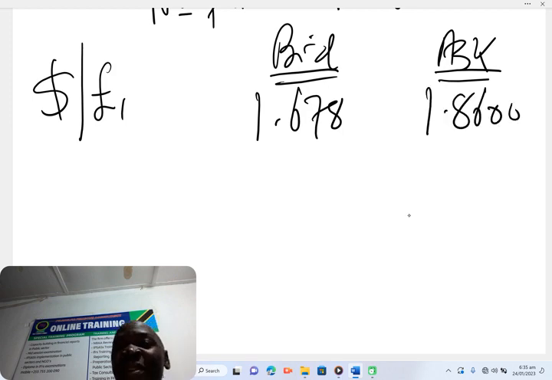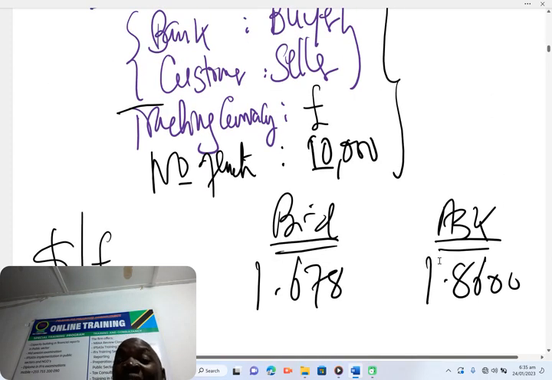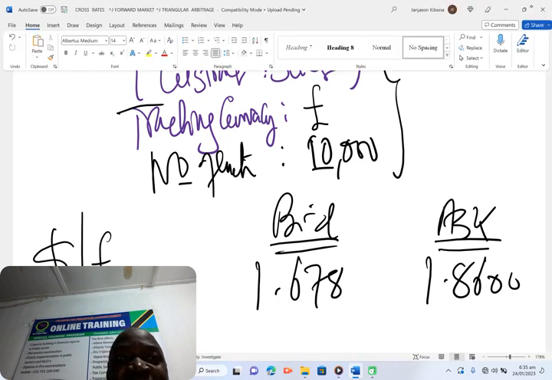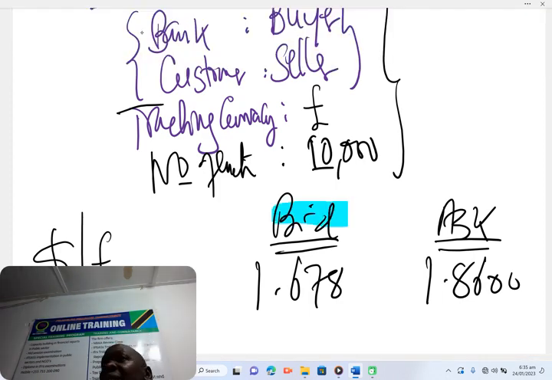Exactly. Now, after having this at this stage, you move to the bank. The bank is a buyer, isn't it? Now, what is the selected rate? Which rate are we selecting? Bid price. Because a bank is a buyer.